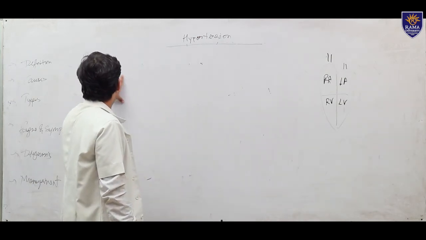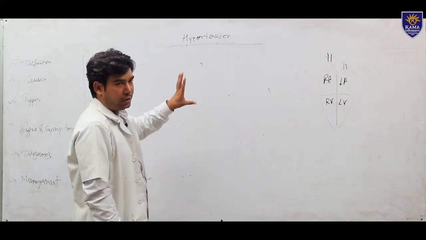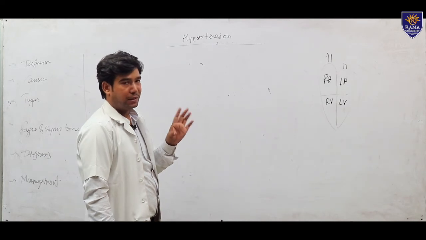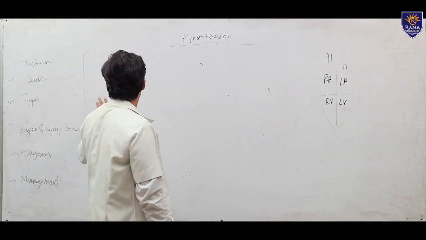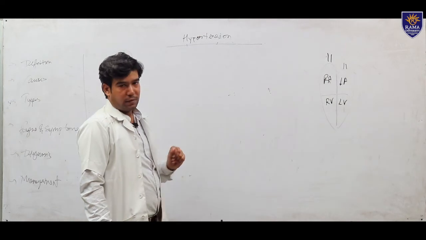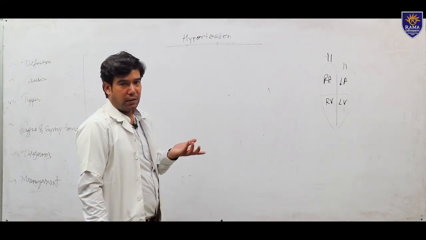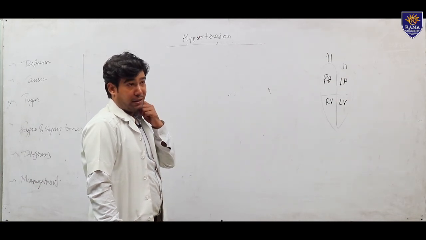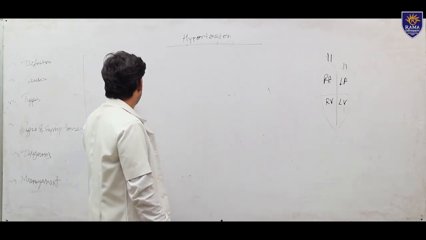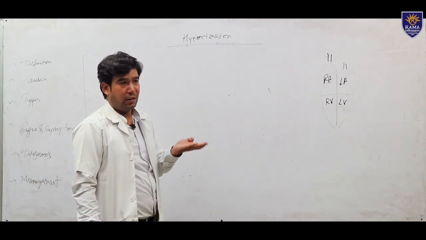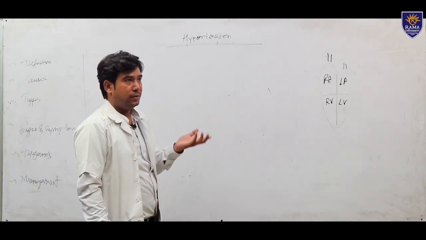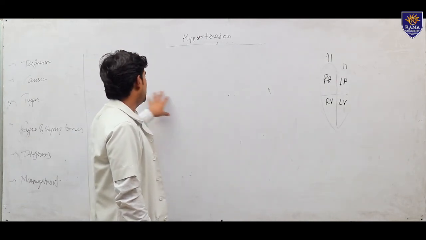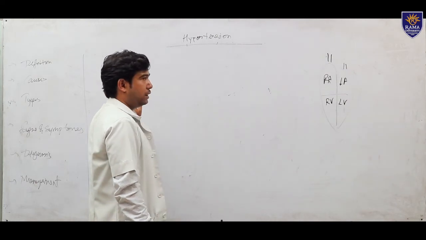And here the definition is elevation of the pressure in the blood vessel walls. The causes: if they have diabetes mellitus, liver disease, kidney disease, if they are taking alcohol or taking more salt, then hypertension will happen.